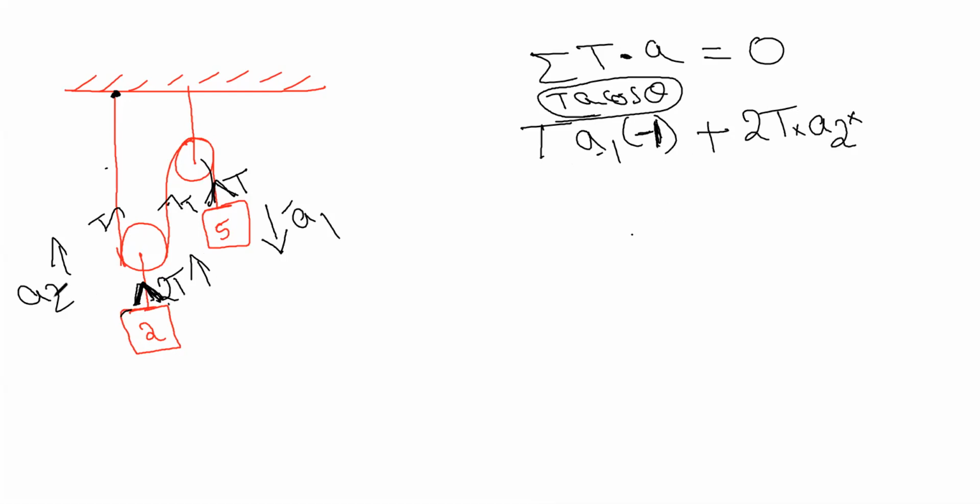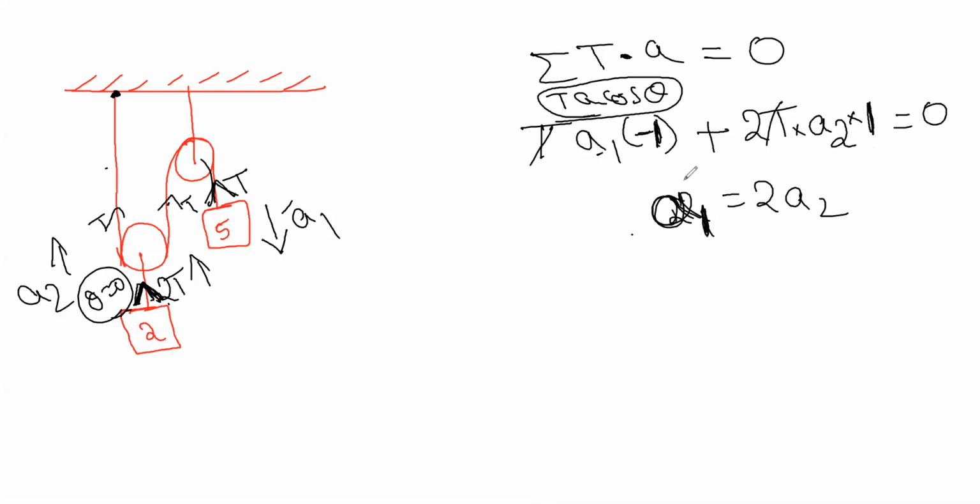Angle between 2T and A2, both are in same direction, so cos 0 is 1. That should be equal to 0. Now, if you solve this, T gets cancelled. A1 equals 2A2, correct?